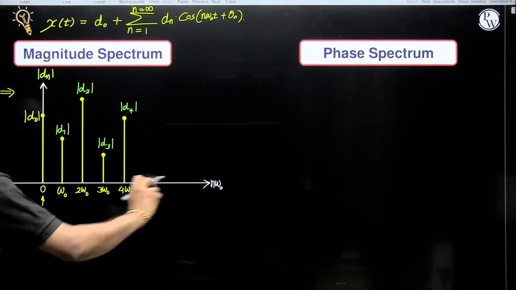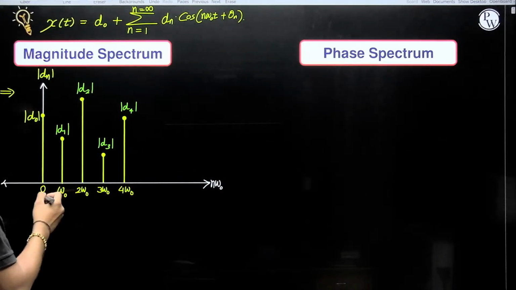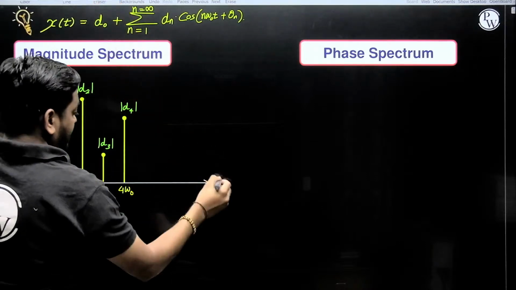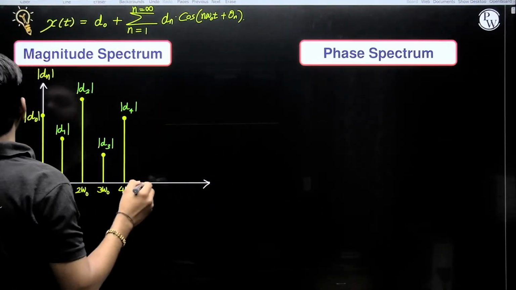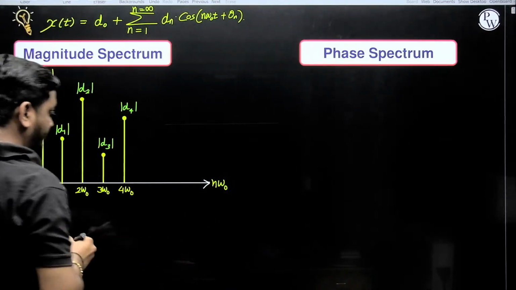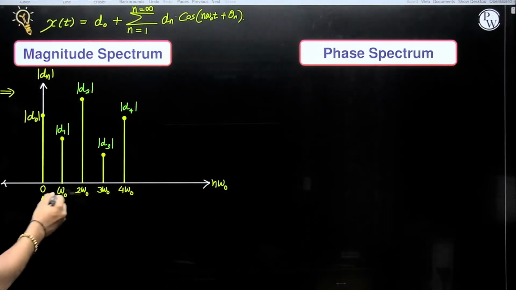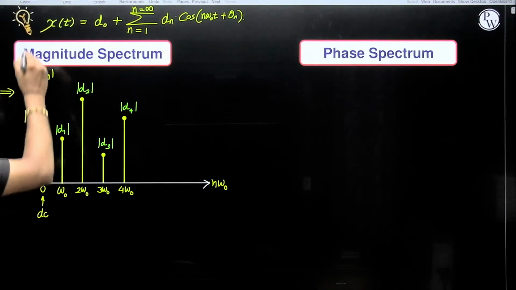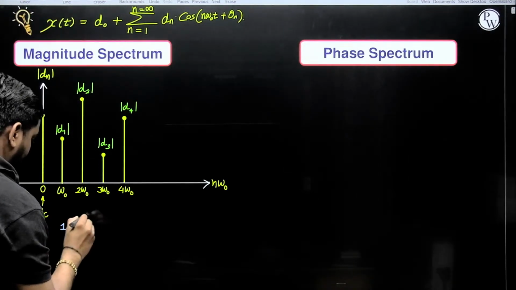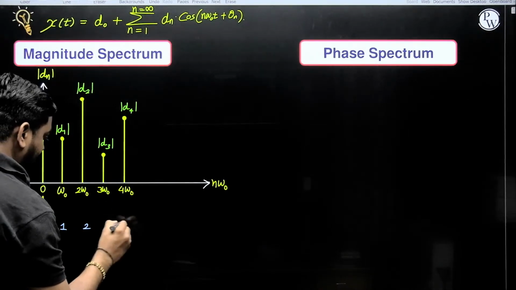Sometimes you will find only n, guys. If you divide by omega 0, this is the n omega 0. Sometimes you will find only n. Suppose if you divide all this by omega 0, it will be 0, and this is 1, 2, 3, 4.